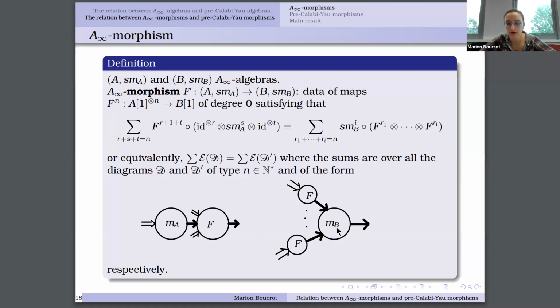And here we have the infinity structure on B, which also has shifted outputs. And we have, as inputs of B, lots of maps F, of any size, such that the sum of all the sizes here is n at the end. So we want those two, in some sense, to be equal.